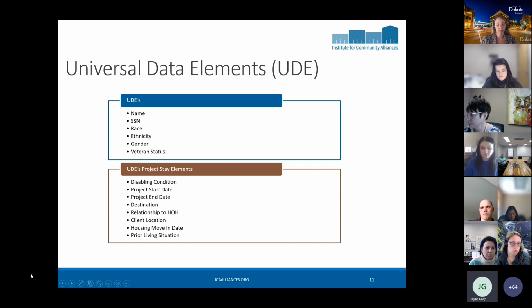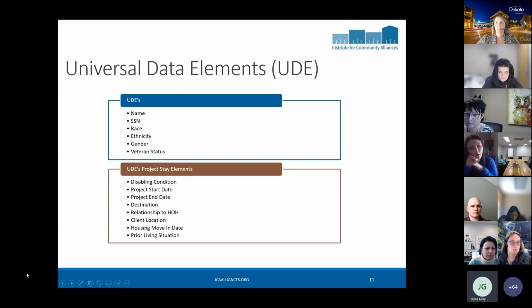You're going to look at the disability condition, and the start and end date of the program. So when they are enrolled in, say, emergency shelter, and where they ended. How long did they stay at the shelter? What was their destination when they left? Did they just disappear and their destination was unknown? Or did they exit to stay with friends and family?